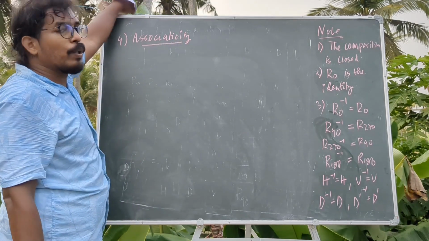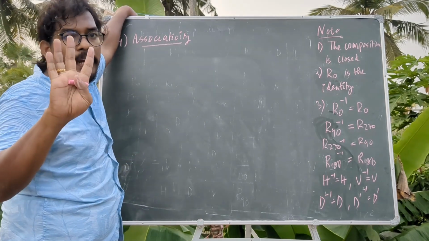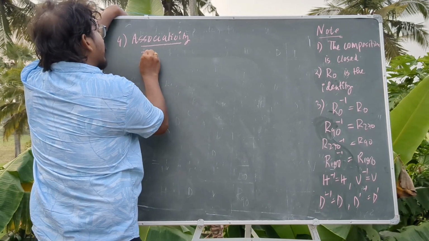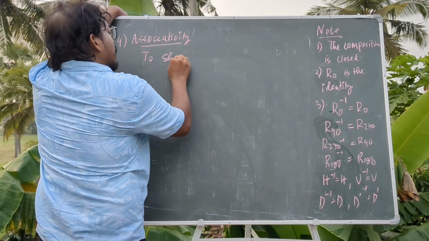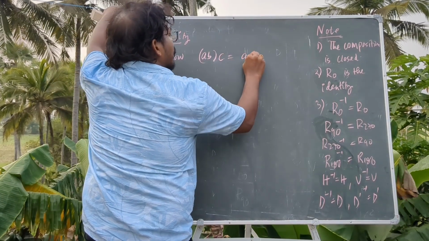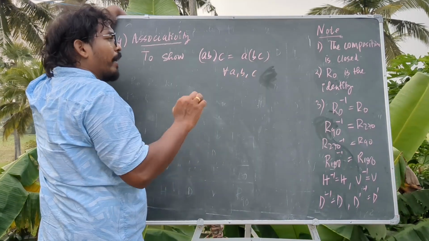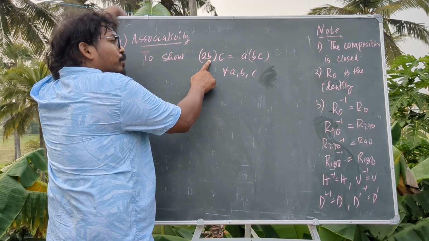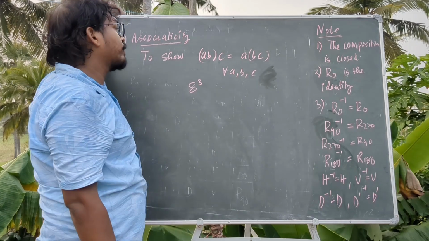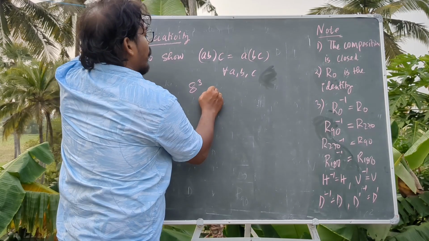For associativity, you have 2 options. This is a finite set, isn't it? We have only 8 elements. And for associativity, we have to check whether (A, B) C is the same as A (B, C) for all A, B, C. You have 8 options for A, 8 options for B, 8 options for C. The total number of options for ABC is 8 cubed, which is 512.